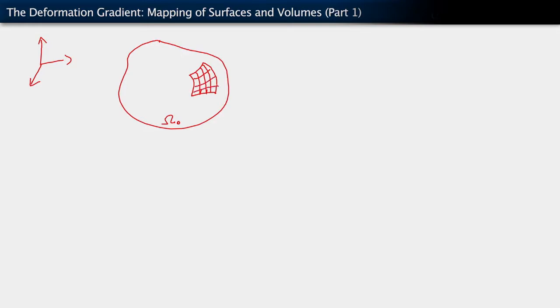Okay, and I'm going to define this surface as R, parameterized by C1 and C2, okay?